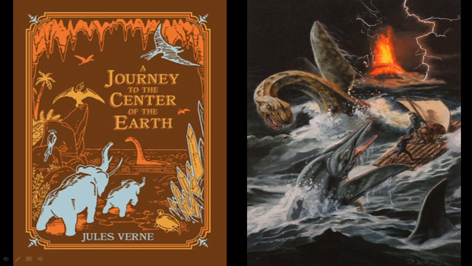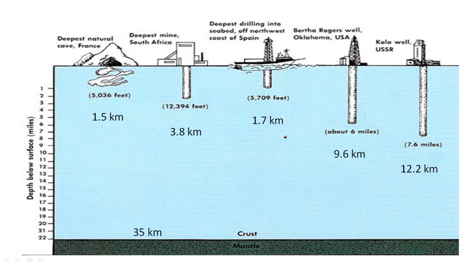Jules Verne published a very famous book, Journey to the Center of the Earth, and he imagined like an inner world inside the Earth. Okay, but this is a good adventure novel, but it's far from reality. Es una muy divertida aventura del viaje al interior de la Tierra, pero esto no tiene nada que ver con la realidad.